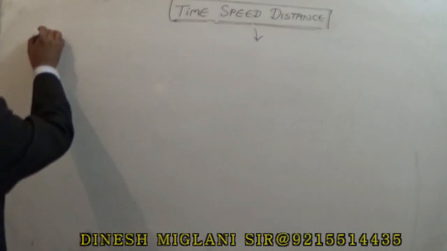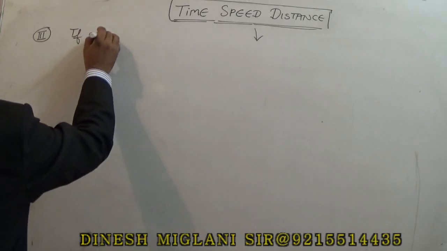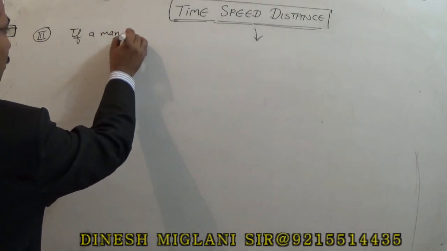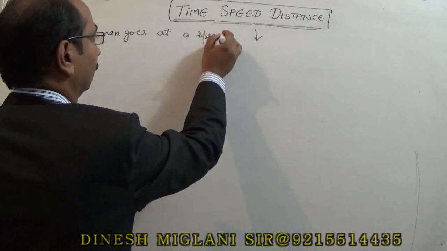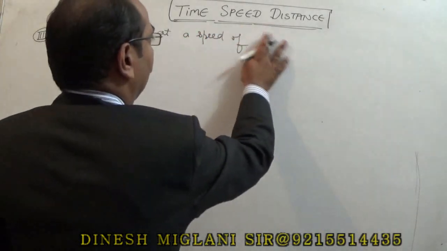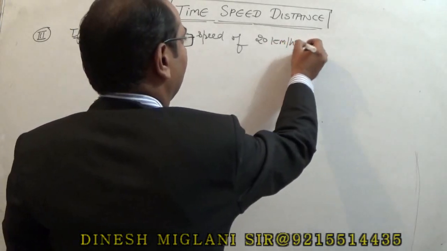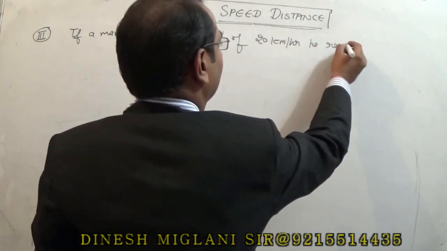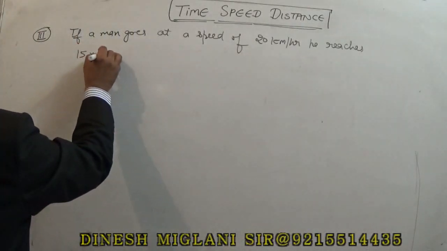Third very important statement about this. If a man goes at a speed of 20 km per hour, he reaches 15 minutes late.